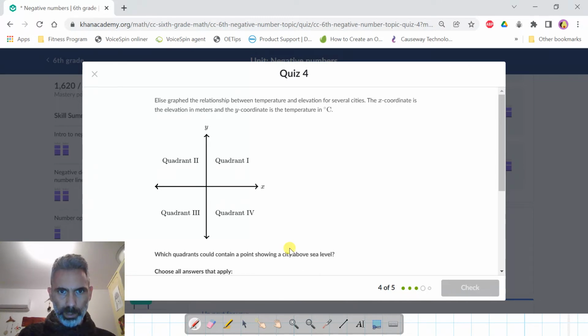Okay, city above sea level, if the x-coordinate is the elevation, so a city above sea level is either in quadrant 1 or in quadrant 4.